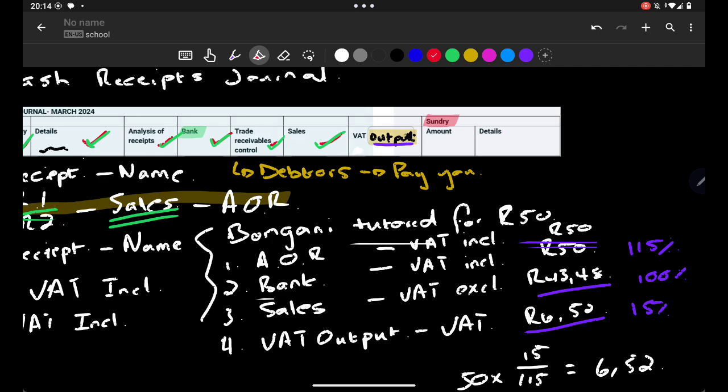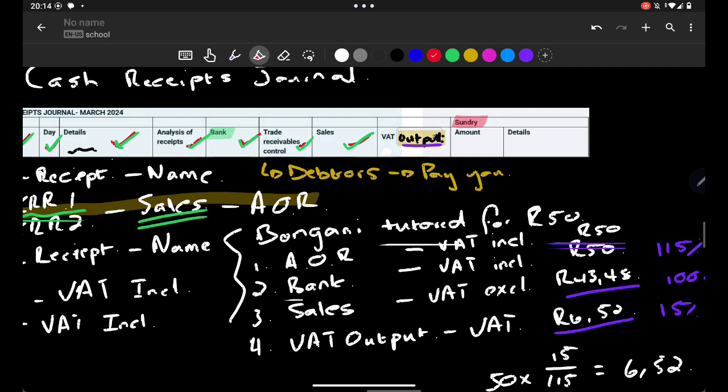So if you have a transaction that does not fit in any of these columns, remember that bank is the basis column, because analysis of receipts is just you analyzing the receipts.